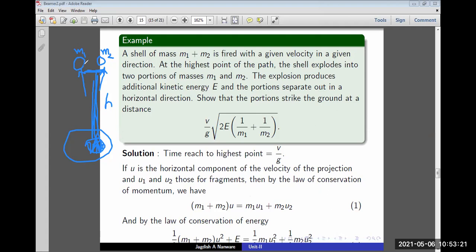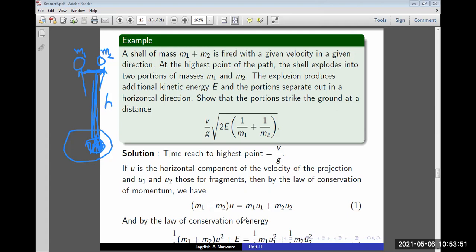So mass of this shell is m1, and its velocity is u1, and mass of this other shell is m2, it has velocity u2. So this is by the law of conservation of momentum, and by the law of conservation of energy, we just find the kinetic energy.